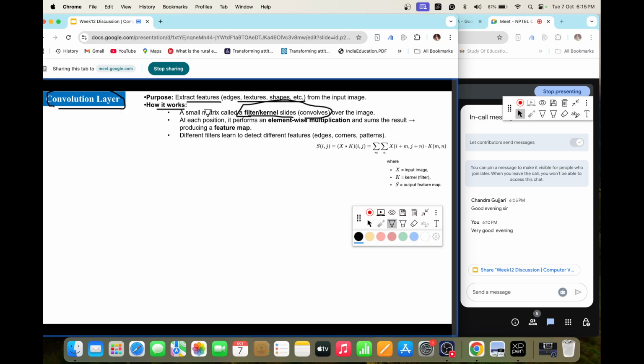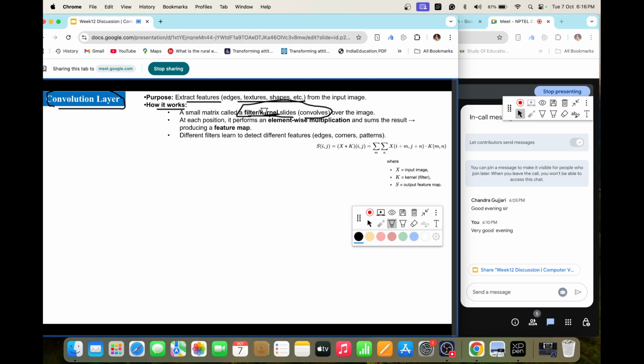This filter can also have different shapes, which is known as the kernel size. The filter is nothing but a small matrix. If the image is a 28 cross 28 matrix, your filter can be 3 cross 3, 5 cross 5, 7 cross 7, etc. That is the dimension of the filter.